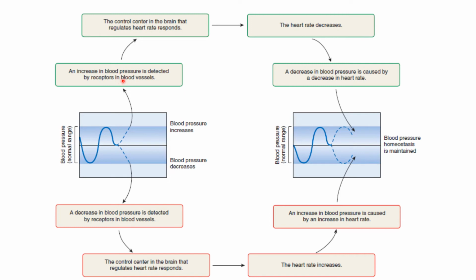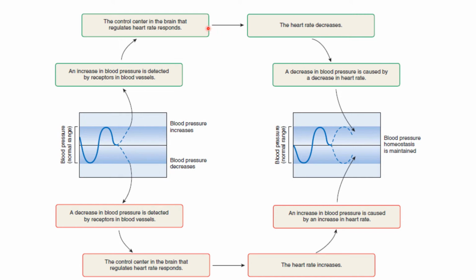These blood vessels are carotid arteries, and they send signal or information to the control center, medulla oblongata, and then medulla oblongata sends information to effectors. In this case, the effectors could be muscles and glands. The muscles are cardiac muscles, to decrease the heart rate and the force of contraction in order to maintain blood pressure.